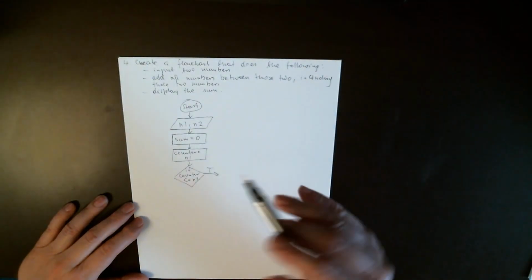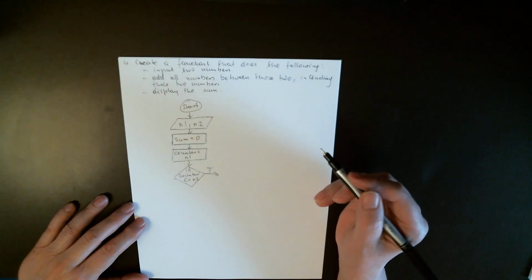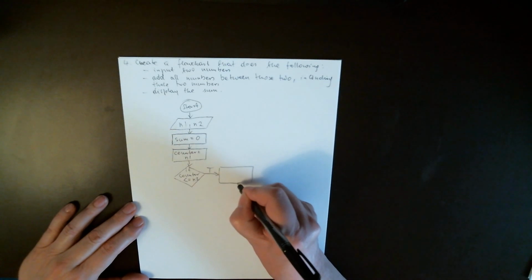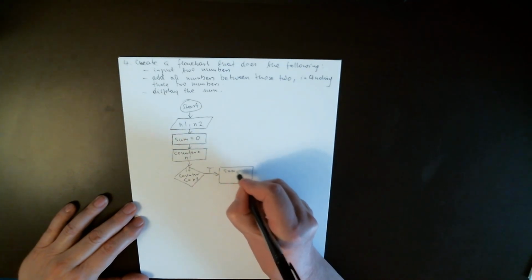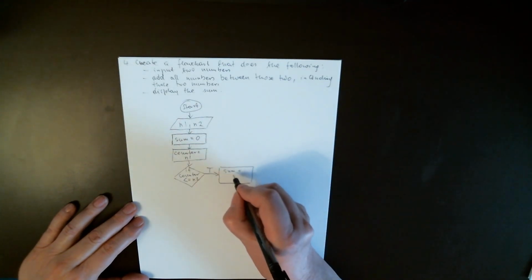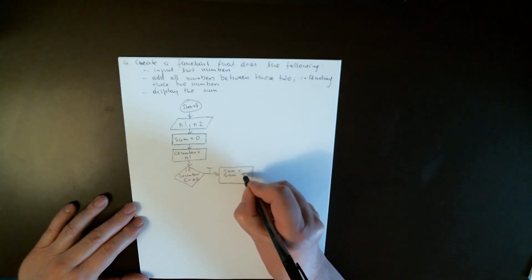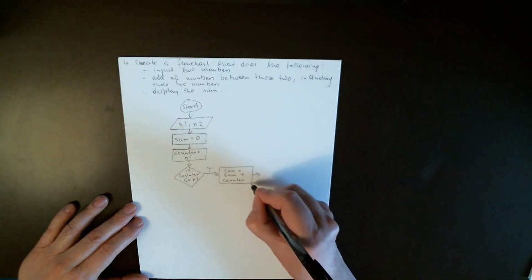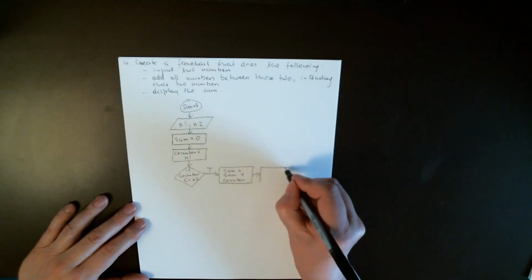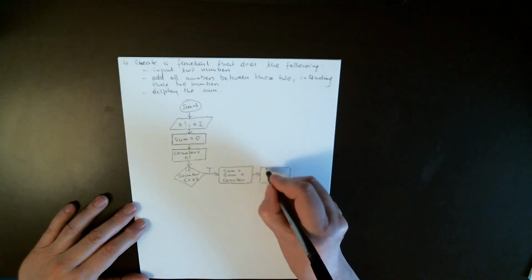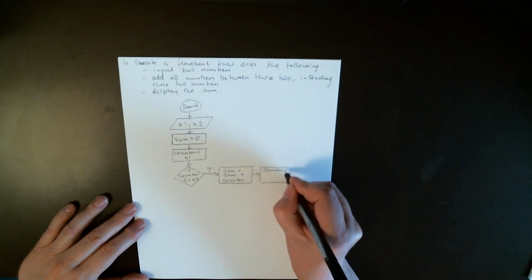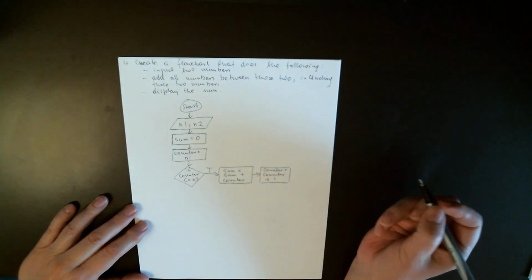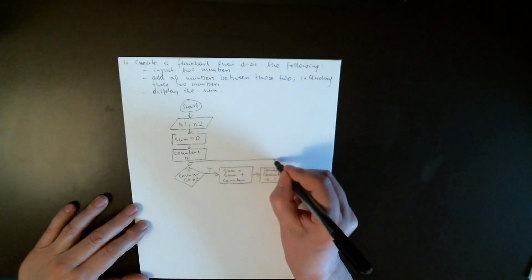Sum is our accumulator. So watch what it does. The new sum is equal to the old sum plus counter. And then the next step, another action shape: counter is equal to counter plus 1. And that's our loop.